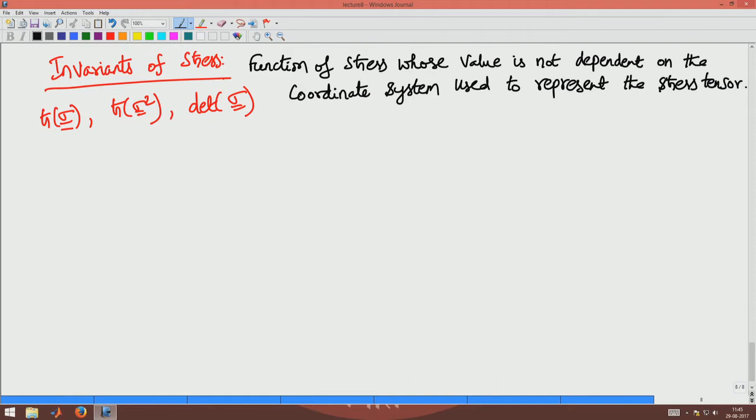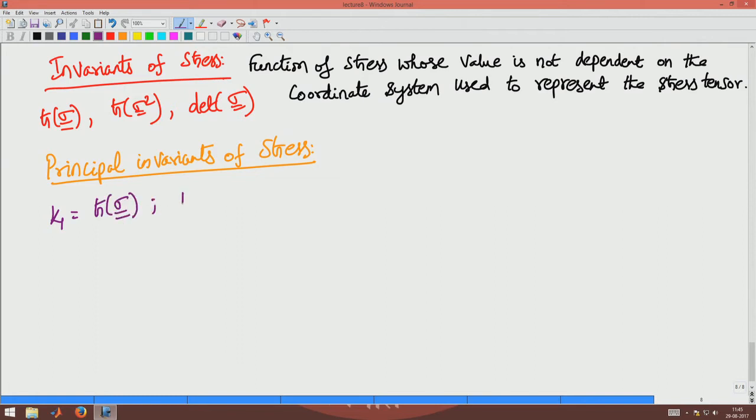But there are what are called principal invariants of stress, which are denoted by K1, which is trace of sigma; K2, which is 1 half of trace of sigma whole square minus trace of sigma square; and K3, which is determinant of sigma.